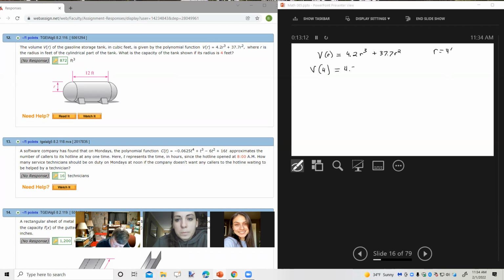So we'll have 4.2 times R cubed plus 37.7 times R squared. So it's calculator time. 4.2 times R cubed plus 37.7 times R squared.